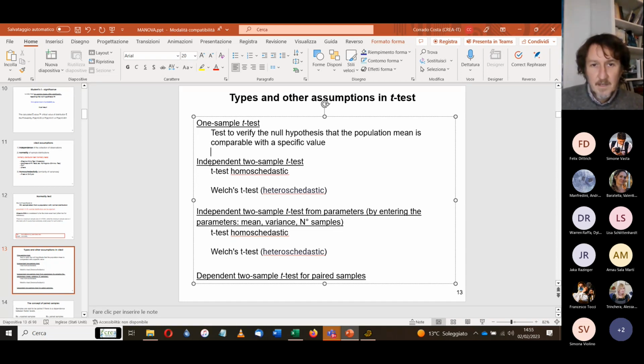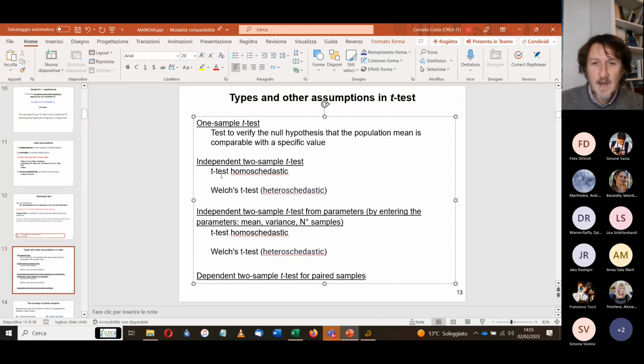I have another possibility, the independent two-sample t-test. This is the most common case. So we have two columns of the same variable, two columns with two different, I don't know, such as the apples' weight. So two different cultivars, 100 apples for each cultivar, and we would like to test if the means are the same or otherwise comparable.